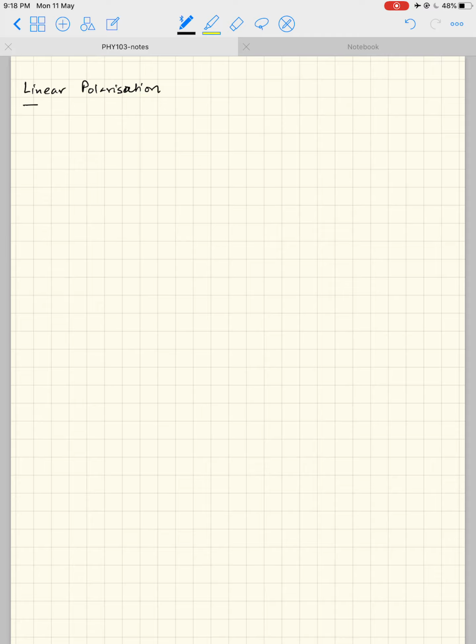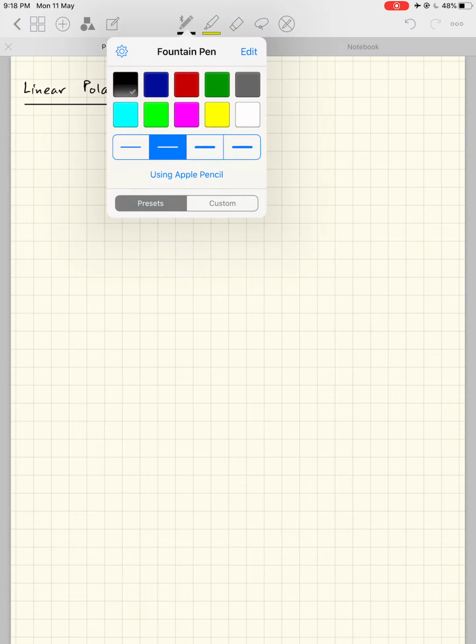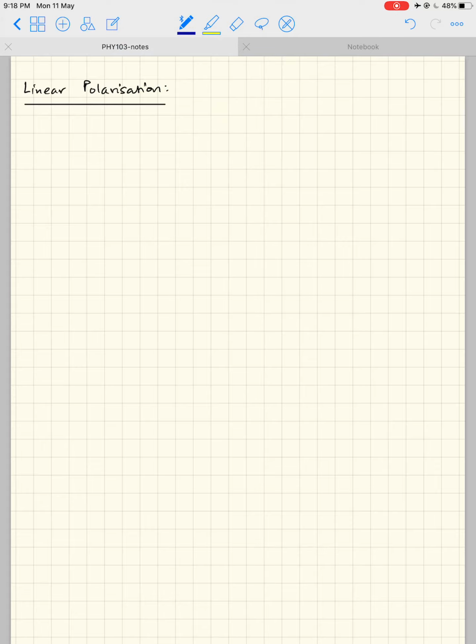Let's first look at a linear case, where E naught and B naught are real.